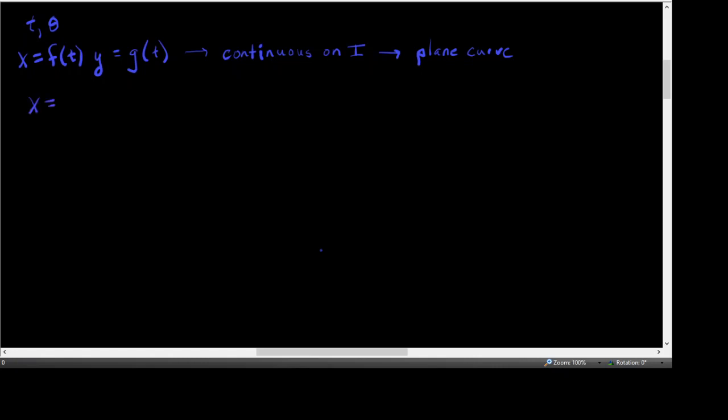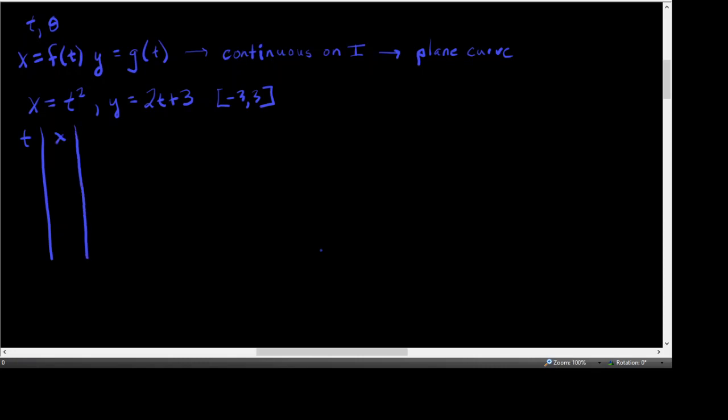Okay, so here's an example. If we had, for example, x equals t squared and y equals 2t plus 3, and we're asked to graph this plane curve on the interval from -3 to 3, then as we would do with a lot of first brushes up against new graphs, we're going to make a table of values.